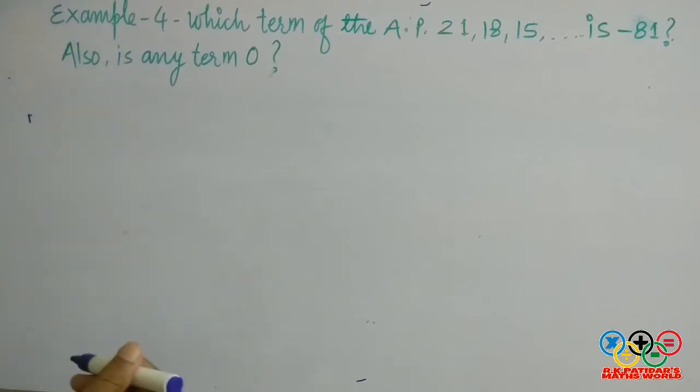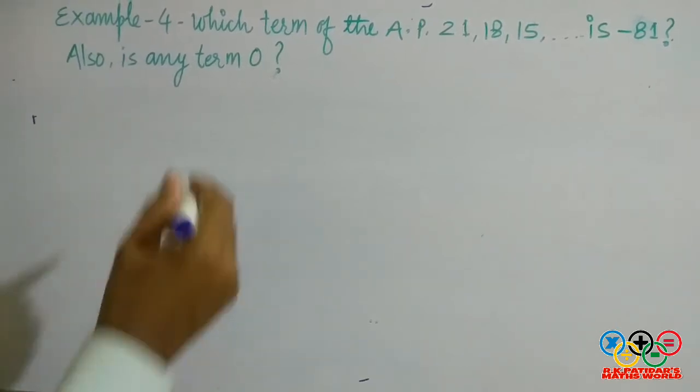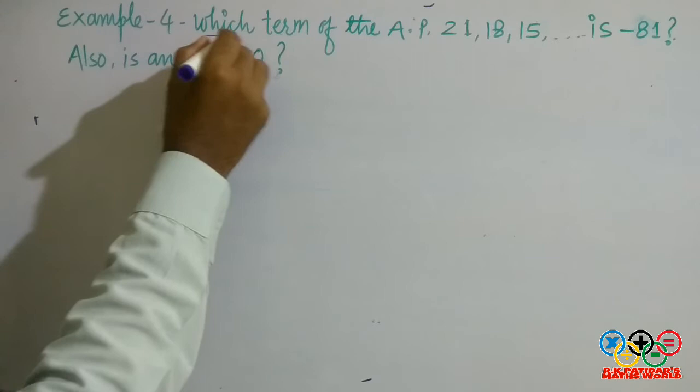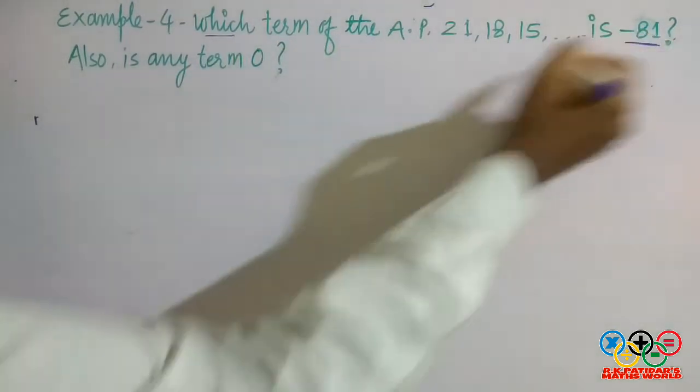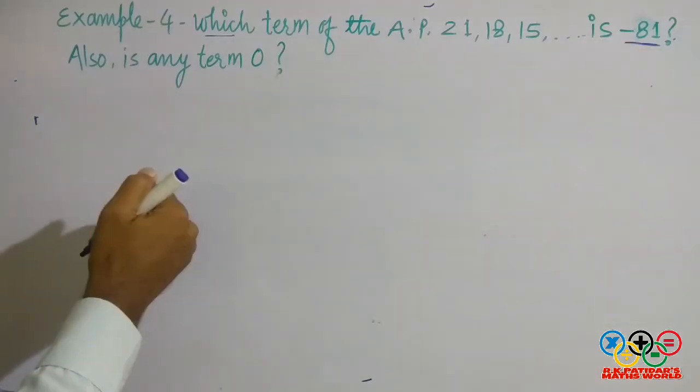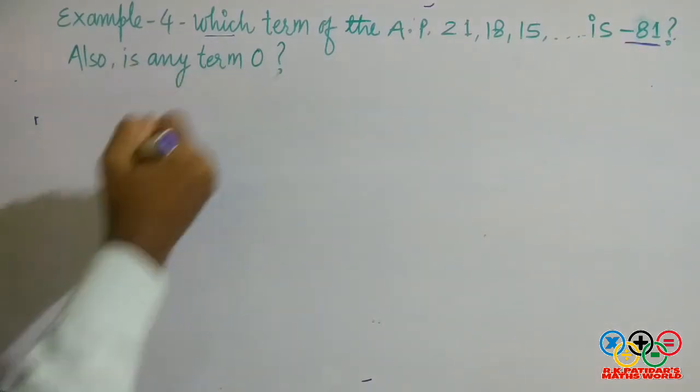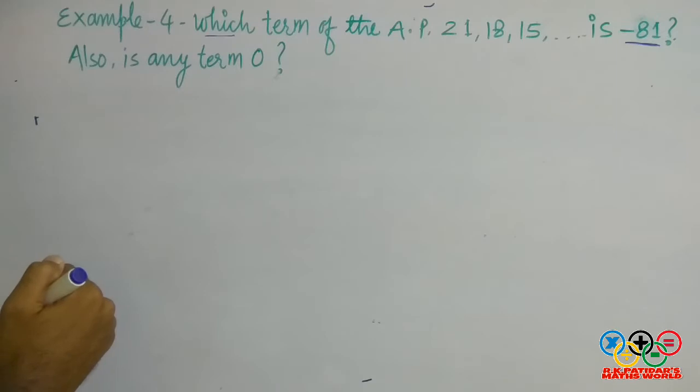Example 4 of our NCERT book. Which term of the AP is minus 81? And also is any term 0? We have to find out. Here the term is given, and we have to find out the number of the term. So what will be the number of this term, whether it is the 5th term, 7th term. Okay.